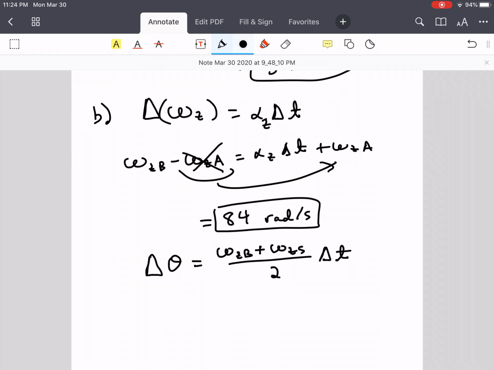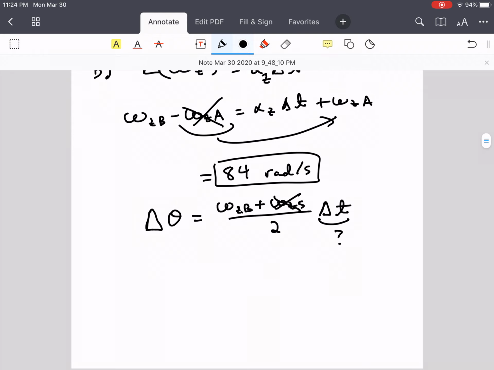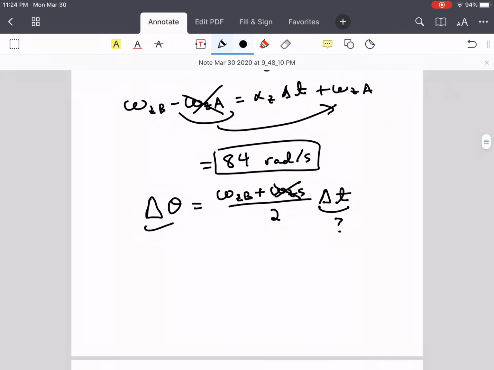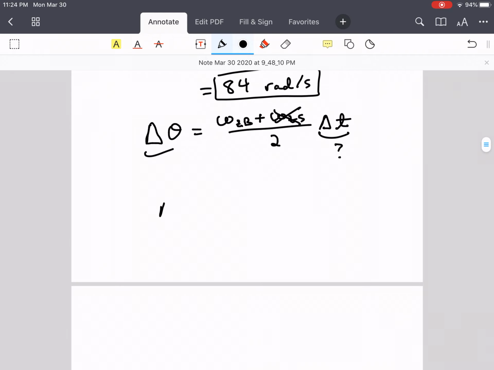Remember this one? The average velocity is equal to delta theta over delta t. So we know that I stop at 0. We know omega b is 84 radians per second, and I want to solve for delta t. I know that delta theta is also 432 radians. So delta t is equal to 2 delta theta over omega zb.